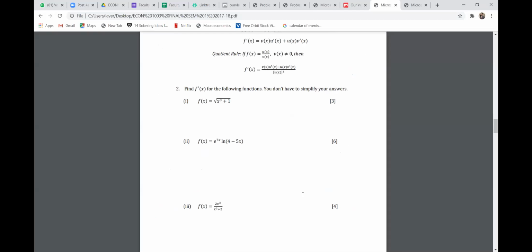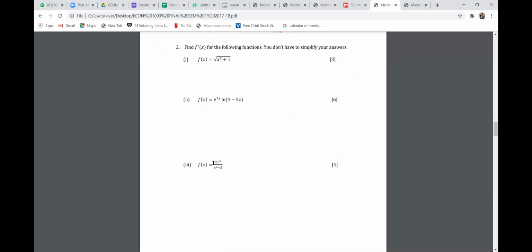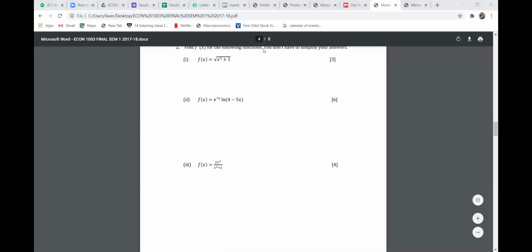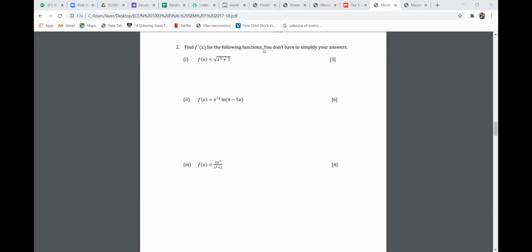All right. So part 3, where it has f of x is equal to 2x cubed divided by x squared plus 3. And remember that whenever we have a function being divided by another function, we apply our quotient rule, right?